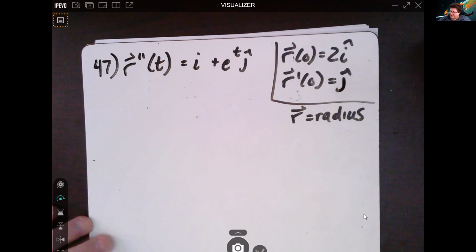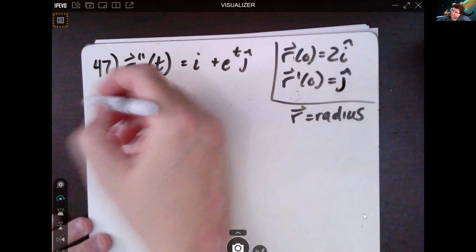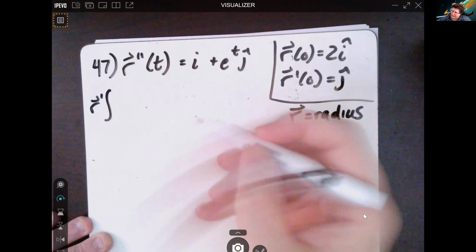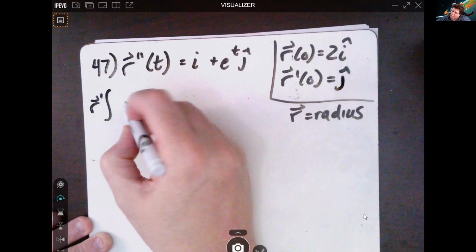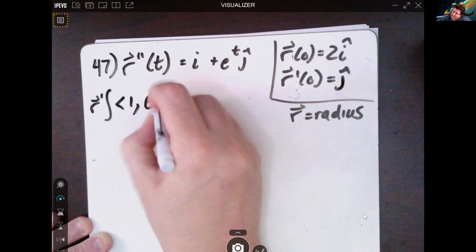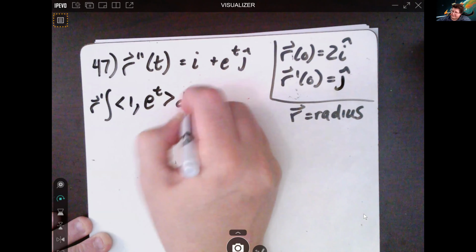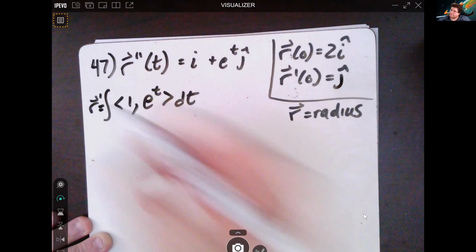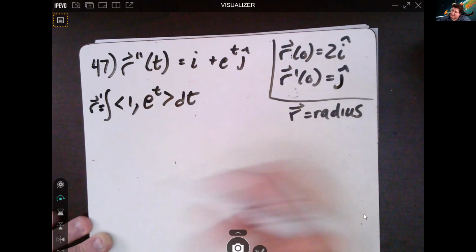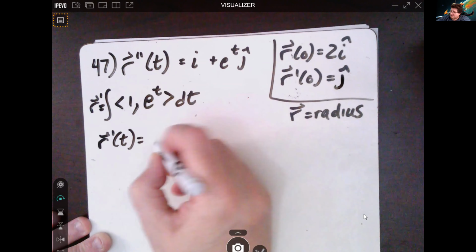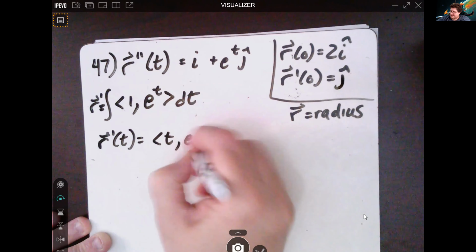So if I wanted to find r prime, we integrate this. I don't have any limits of integration, but what I'm working with is a 1 there and e to the t there, dt. So if I integrate that, my r prime of t is t and e to the t.